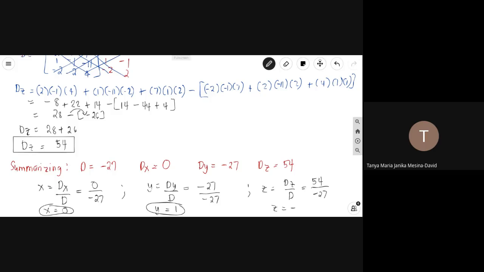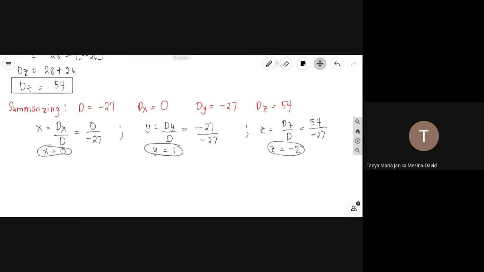Therefore, z is equal to negative 2. So as our final answer, we will write the solution set. Always write the solution set in braces in the format x, y, z. So x is 0, y is 1, z is negative 2.